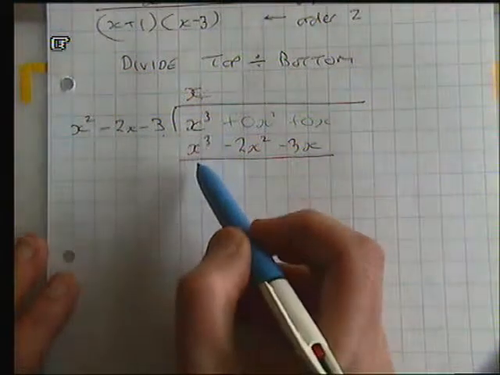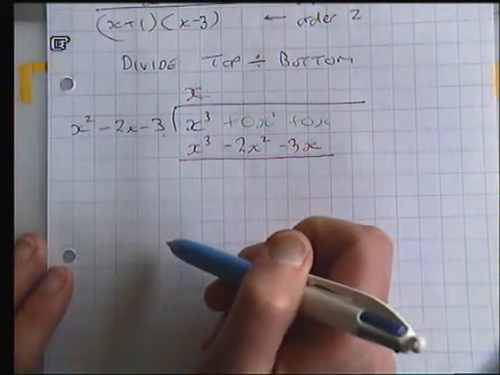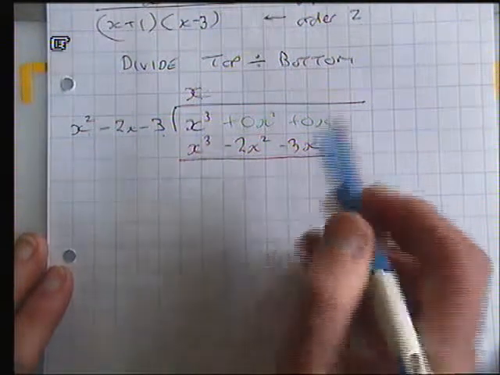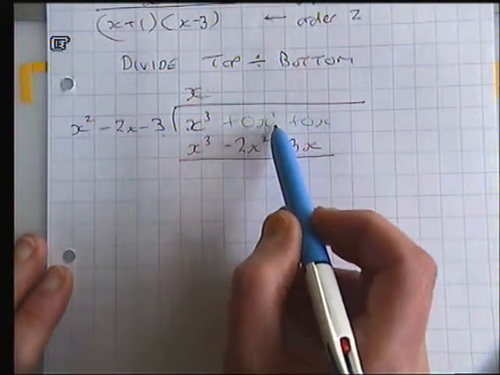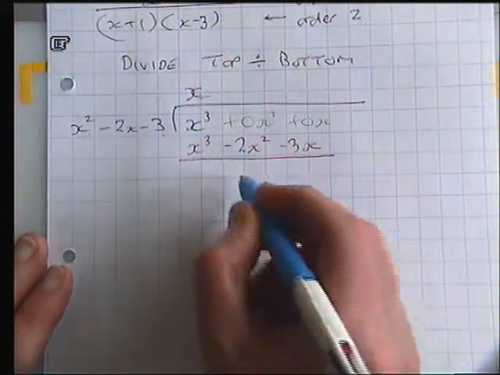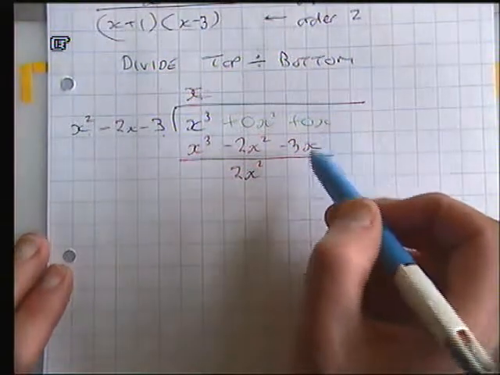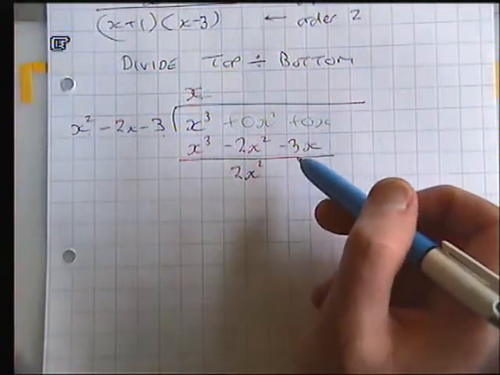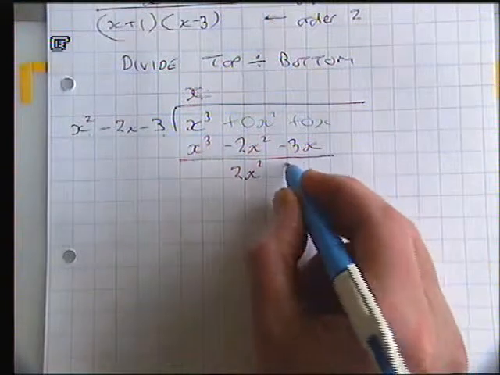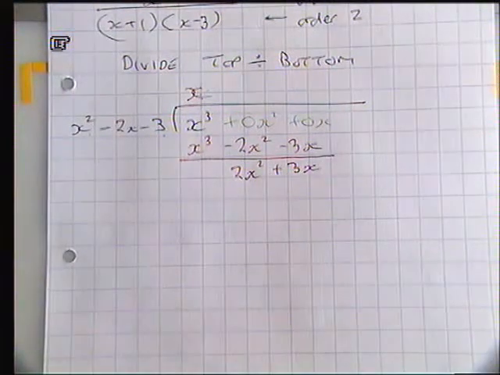X cubed, take away x cubed is, and that should always happen at that point, there should be nothing left in that column. What is 0x squared, take away negative 2x squared? Good. What is 0x, take away negative 3x? That's a positive 3x.